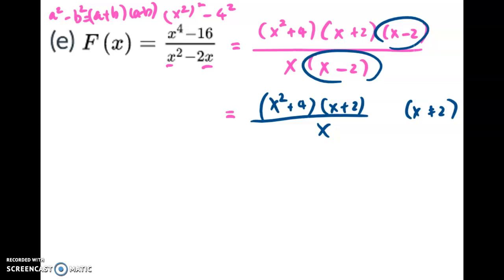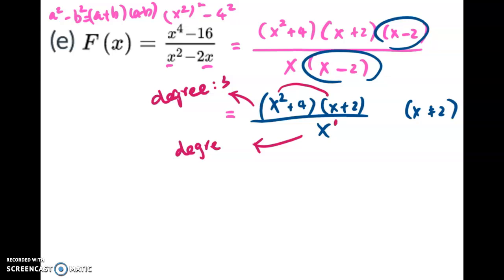The degree on top, you can see it's x squared times x is 3. So the degree on top is 3. The degree at the bottom, it's 1. Right, it's over here, 1. So that means the degree on top is 2 or more than the degree of the bottom.